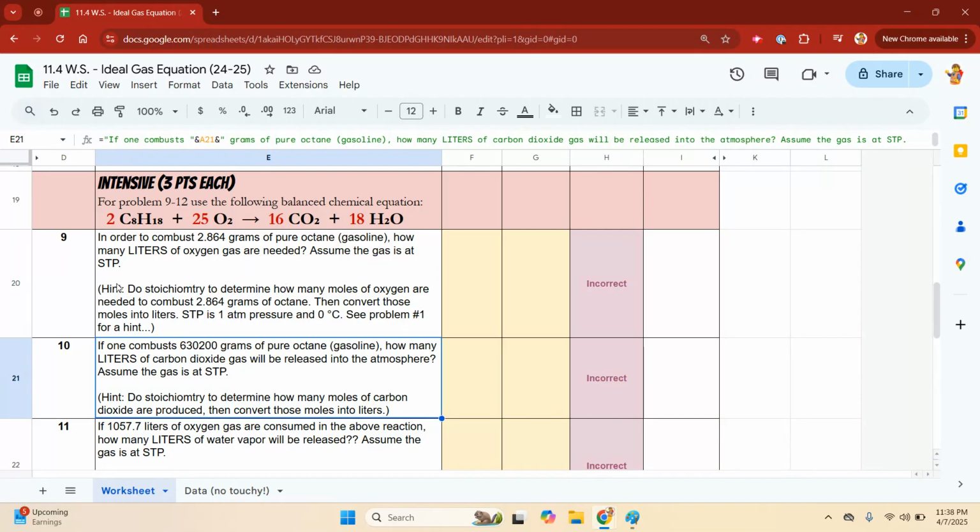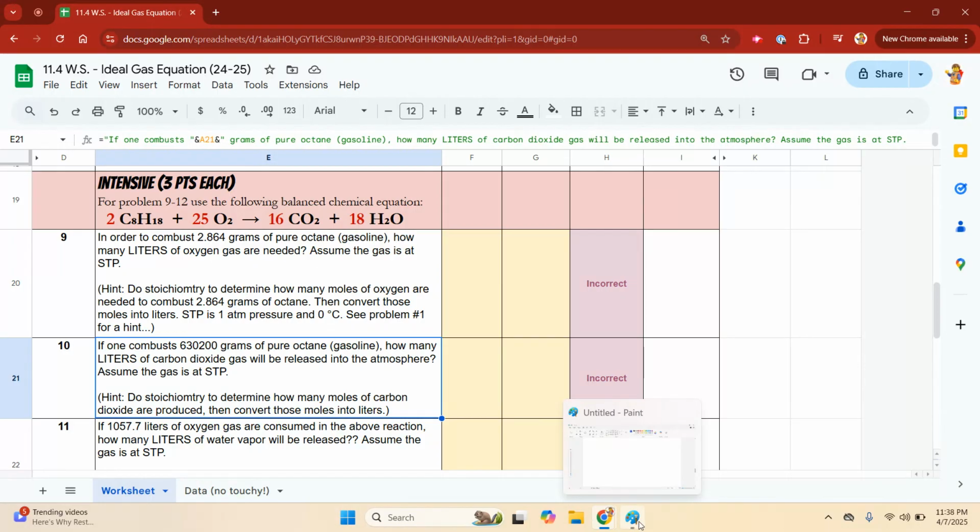So I have a hint here. This starts off like a normal stoichiometry problem in which you have 2.864 grams of pure gasoline, trying to figure out how much oxygen is needed. So we're going to start this off as a standard stoichiometry problem.